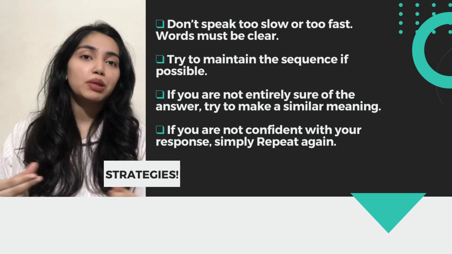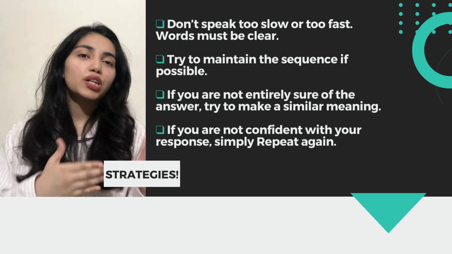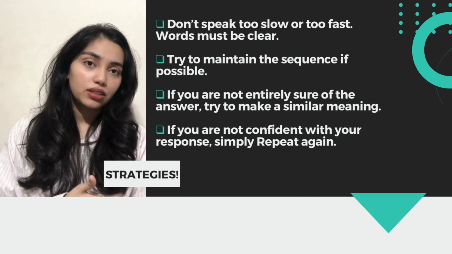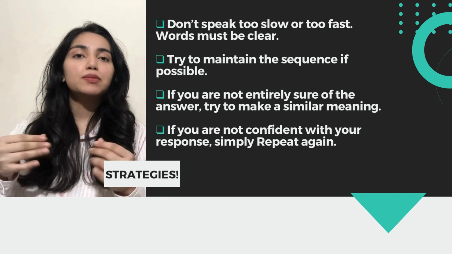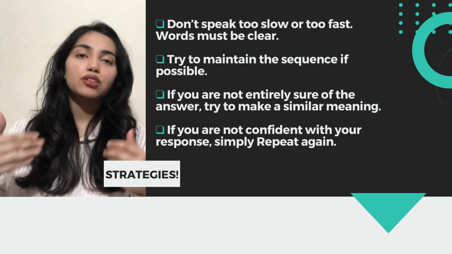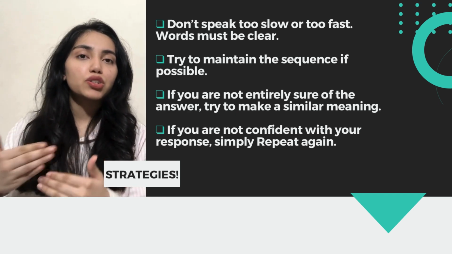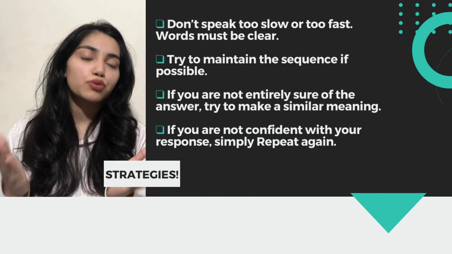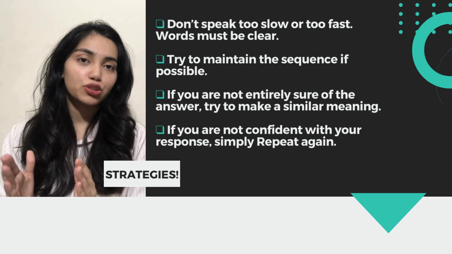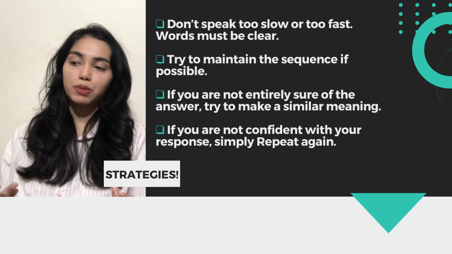The software may not be able to detect exactly what word you're trying to say, and we're going to try to avoid saying it too slow either. Try to sound as natural as possible and speak at a normal speed, and try to sound as clear as possible. Just make sure whatever words you are saying are very clearly audible, so that the software is able to understand the words that you are saying. That's the first strategy when it comes to speed.